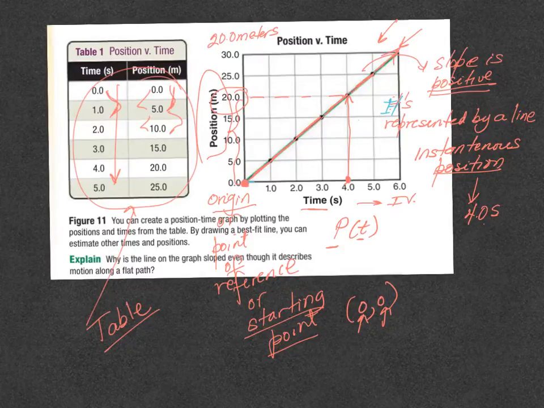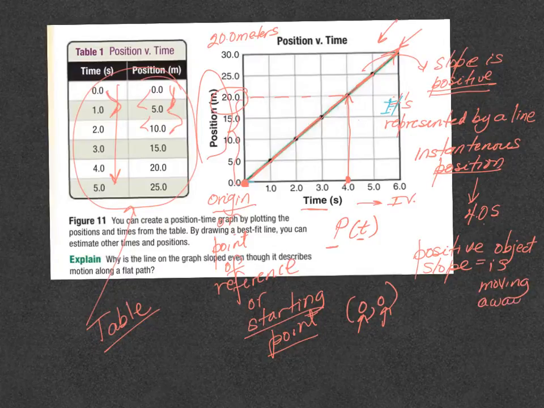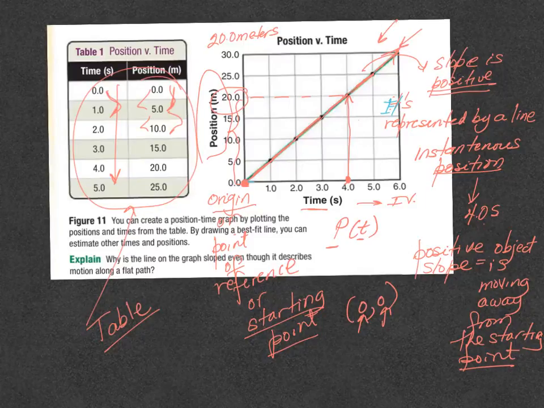It means that the object, let me continue down here, positive slope means that the object is moving away from the starting point or the reference point. See that?